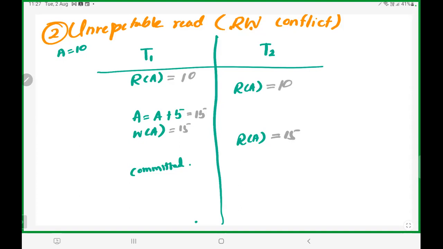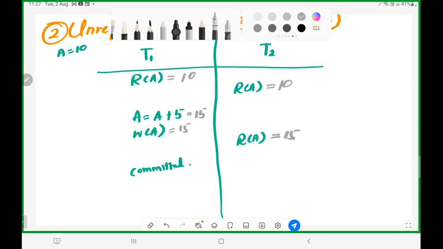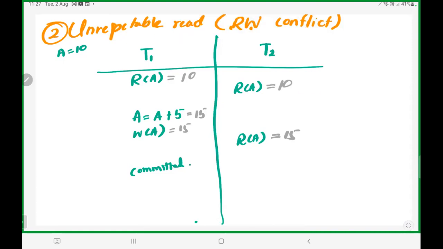Now it is 15. What happened? There is a conflict, a confusion. Earlier 10, and reading again a moment later it is 15.